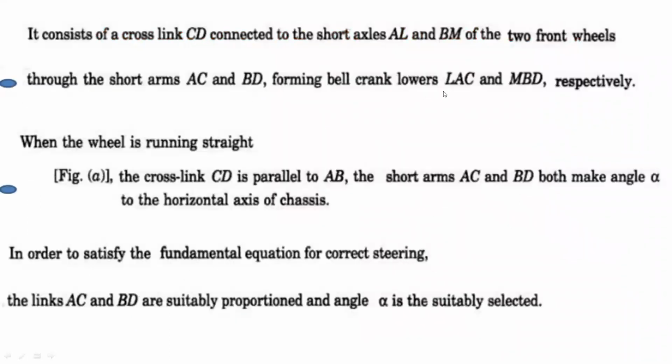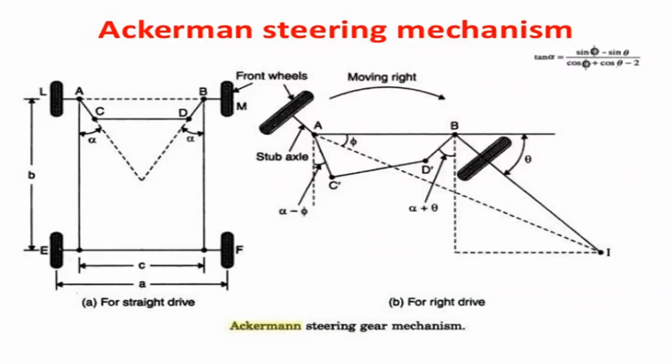You can see what are the terms involved in this steering system. It consists of a cross-link CD connected to the short axles AL and BM of the two front wheels.